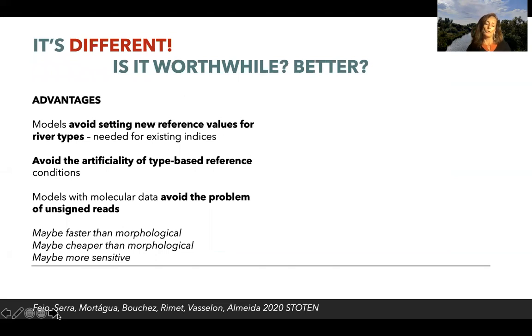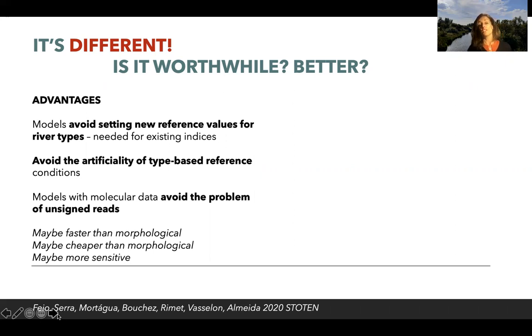When we calculate an index based on morphology, when we calculate an index based on OTUs converted then into species, or when we build a model based on morphology or based on OTUs, we are always looking into different things. So we should know what we are using and measuring. That's the first take home message.